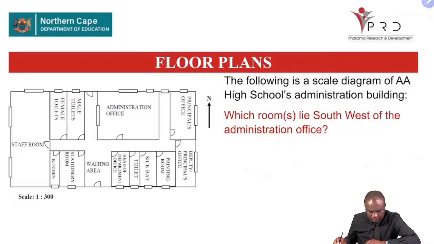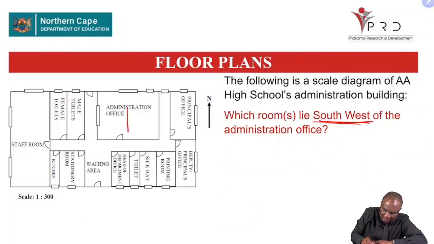Right. The following is a scale diagram of AA High School administration block. Which rooms lie southwest of the administration office? Southwest. Right. So from the admin office, north. So you see north. Never ever smoke weed.